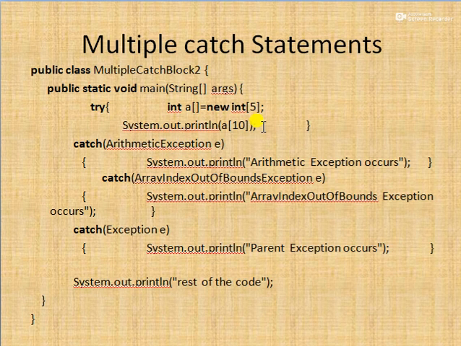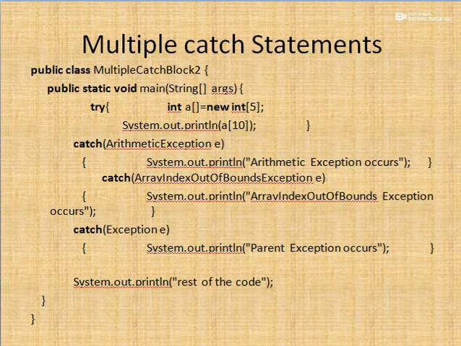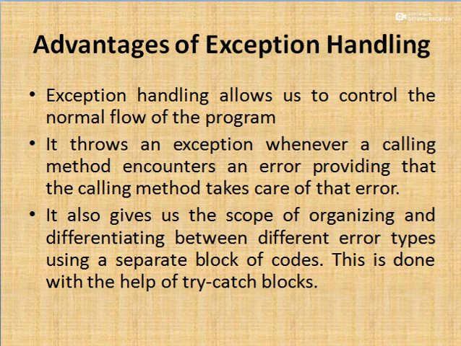Now suppose I am trying to divide any element of this array by 0, then that catch statement will be executed. So likewise we can handle multiple catch statements also.